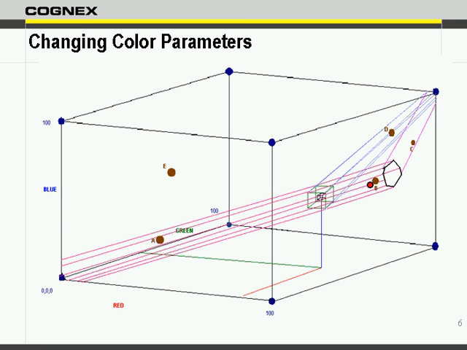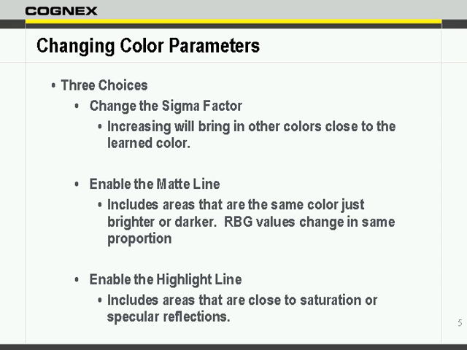If we want to include lighter colors of the same shade of color, same color content, then we increase the light section of the matte line parameter.